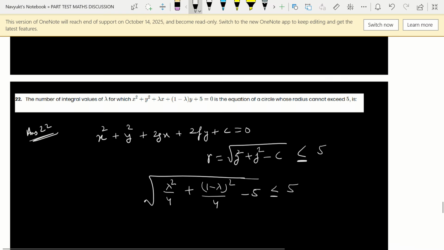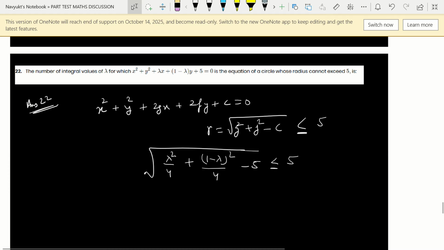So finally, we'll again square this and multiply. We would be getting lambda square plus lambda square minus 2 lambda plus 1, taking LCM 4, minus 25 squared, so 25 into 4 would be 100.